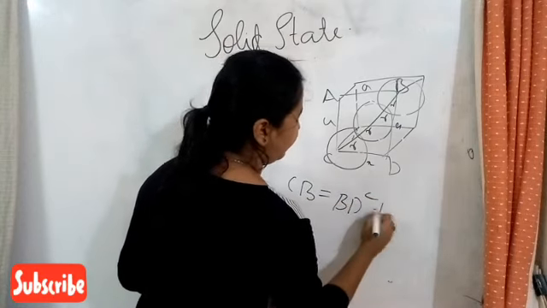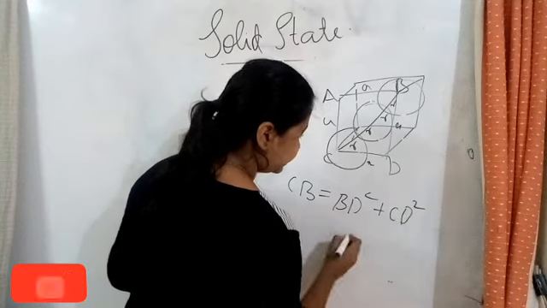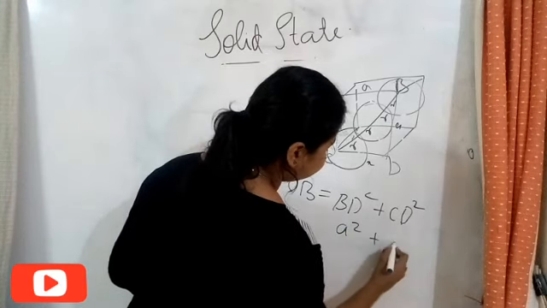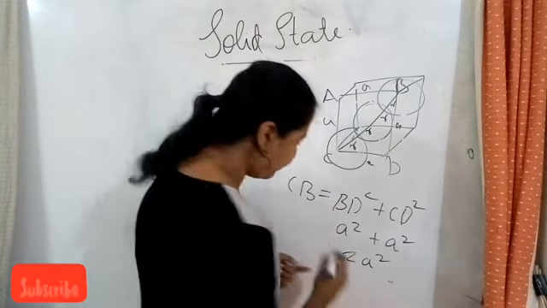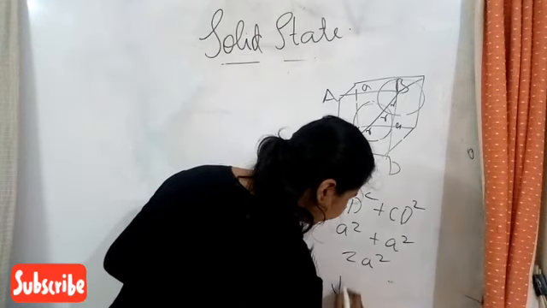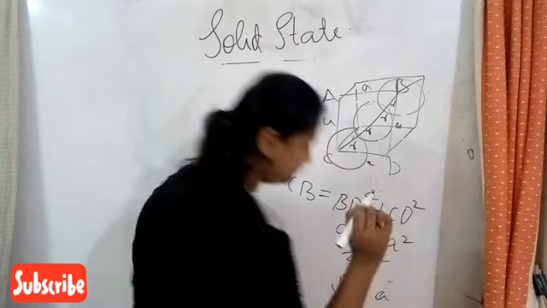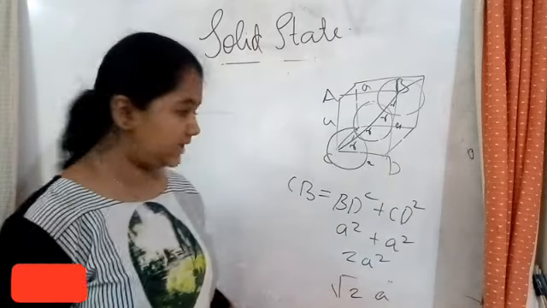CB is equal to the square root of BD square plus CD square. That is A square plus A square, which is 2A square. That is root 2 A. Am I right? So what can you write?